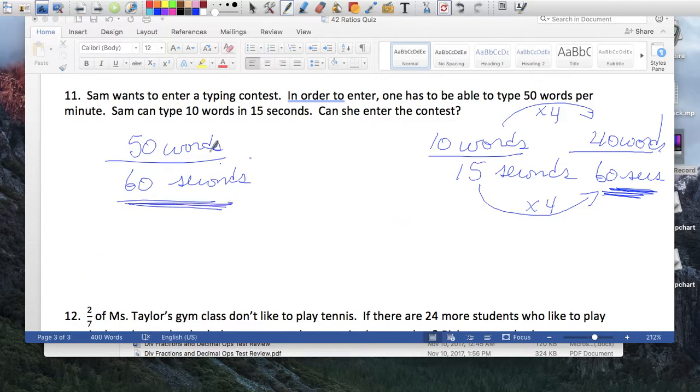The contest says she needs to type 50 words, but she can only type 40. So by having that comparison, where I translated what Sam can do from 15 seconds to 60 seconds, I can tell she's not going to be entered in the contest.